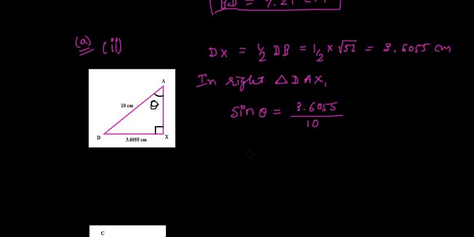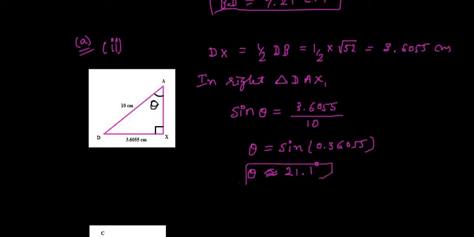So when you find the angle theta, it is sine inverse of 3.6055 divided by 10, which is 0.36055, and its value is approximately 21.1 degrees, if you round to three significant figures. This is the answer in degrees, 21.1 degrees.